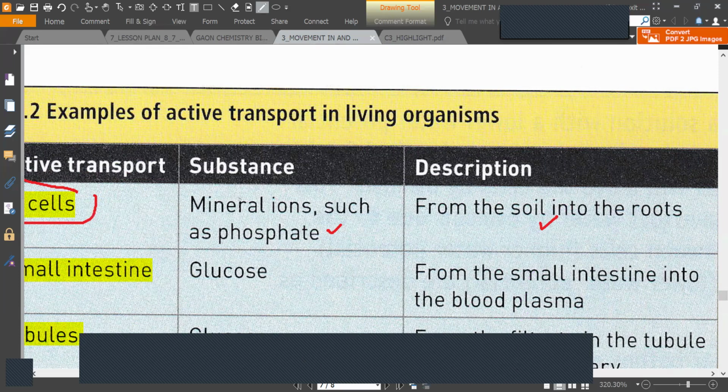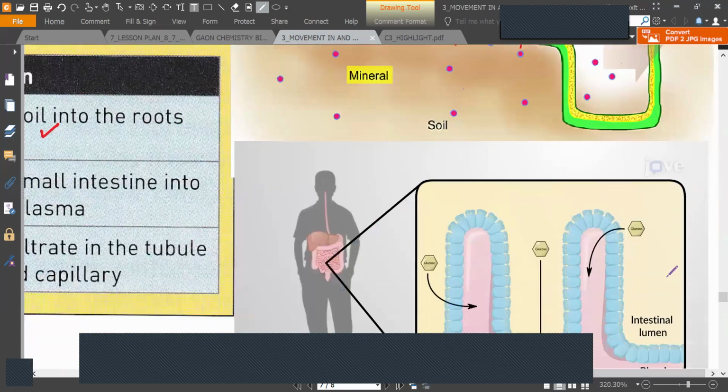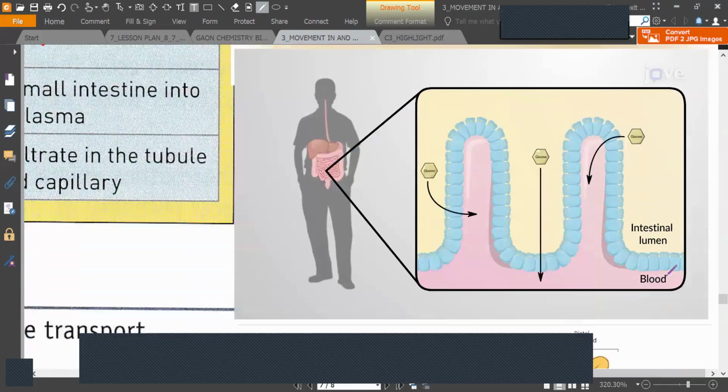Next one, the small intestine. This is our small intestine. If we zoom in, this is our blood, and this is our intestinal lumen. We are looking at this place here.